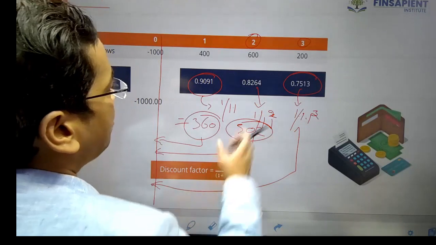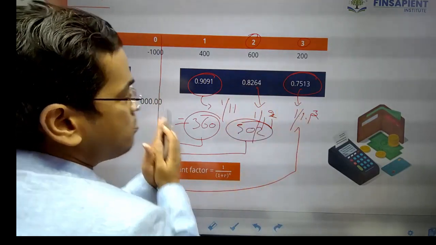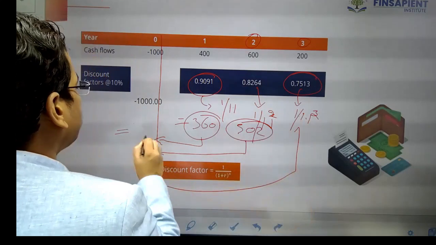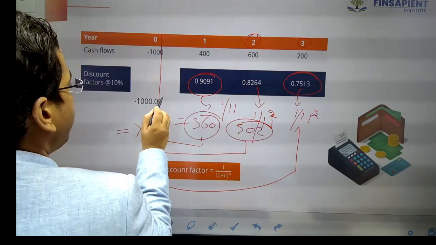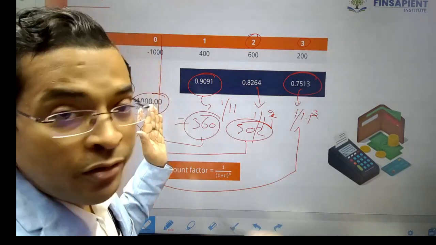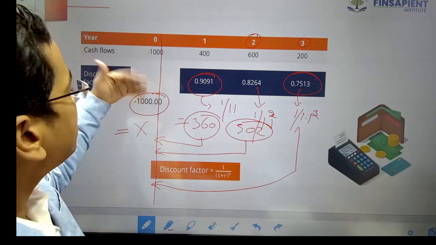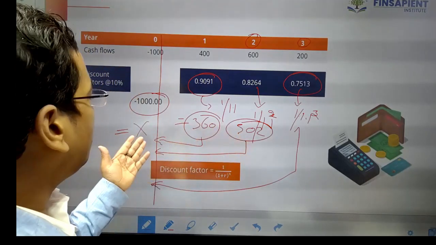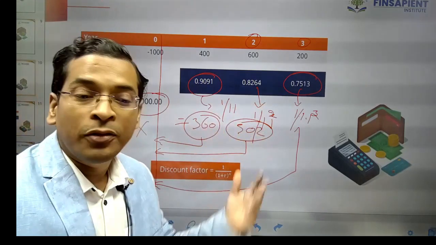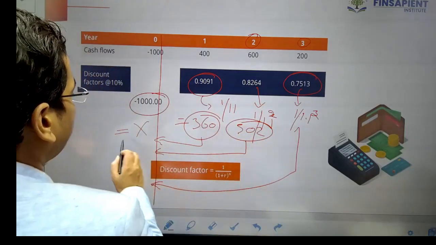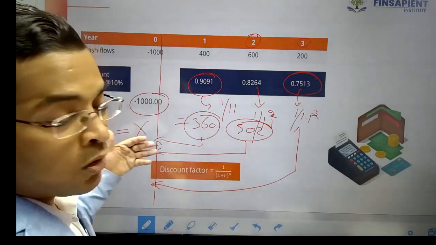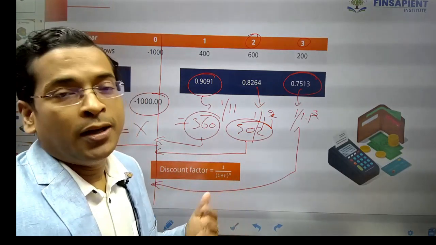After we calculate all the cash flows in present value terms and sum up, suppose we get X value, we compare that X value or adjust it with the initial cash outflow, the investment that we made. We adjust the investment with the present value of all the inflow or earnings from the project, and then we see whether we have made money, whether the sum of the two is more than 0 or less than 0.